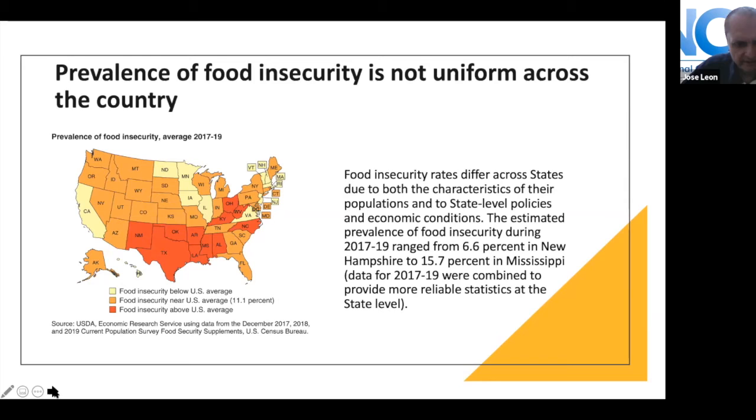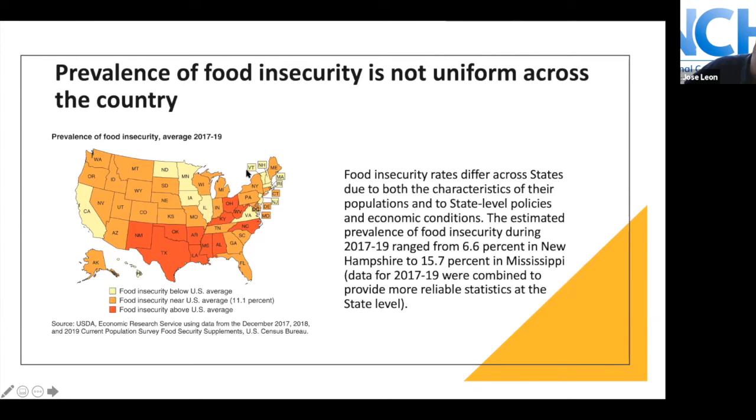In the United States, those living in southern states are more likely to be food insecure. There are several reasons. One is low income, as these are sometimes low-income populations.